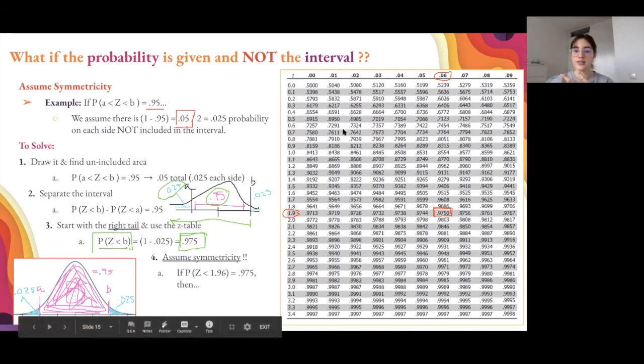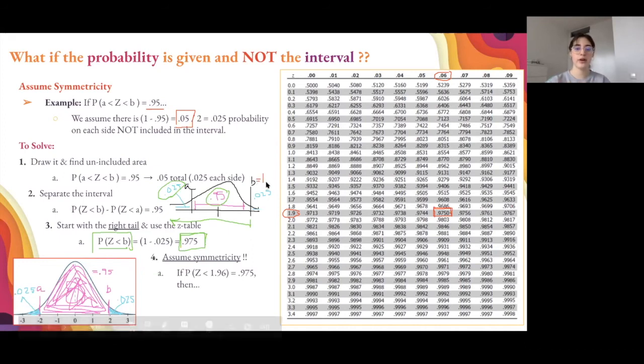So if we just found out that B's z-score is equal to 1.96, like I'm drawing up here, we assume symmetry. And this means that if the probability that z is less than 1.96 is equal to 0.975, we assume that A is also equal to 1.96 except negative, because we're assuming that the length is symmetrical with the mean value.